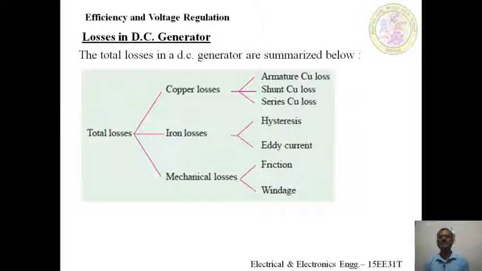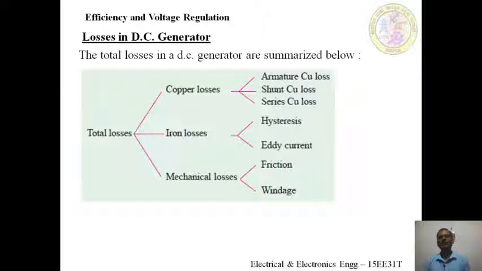This hysteresis loss is given by Steinmetz equation, that is B maximum to the power of 1.6 f V watts. This hysteresis loss depends on the grade of the iron and volume of the core.